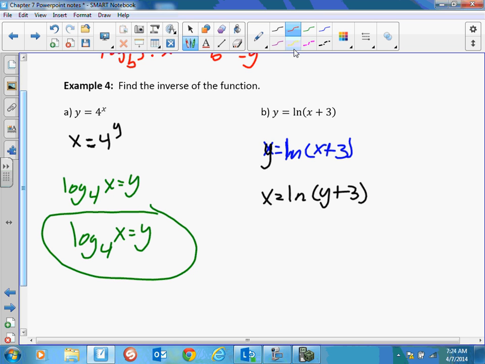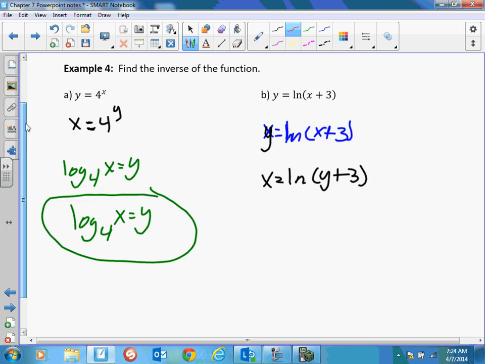The next step is I'm going to rewrite it. I think it's easier to just rewrite natural log as log base e, because natural log is the same thing as log base e. We learned that in the last section. So x equals log base e of y plus 3.